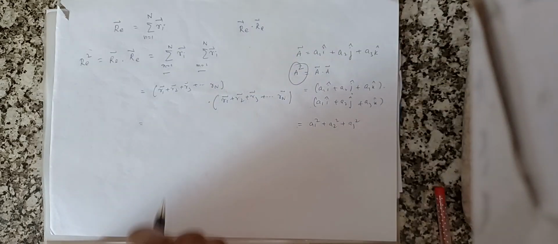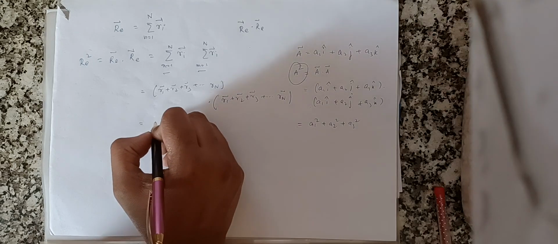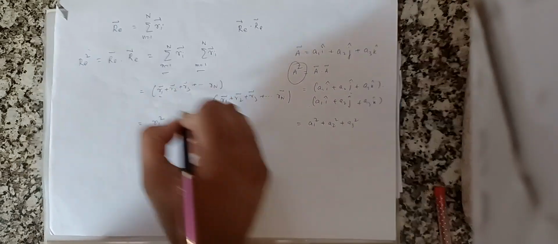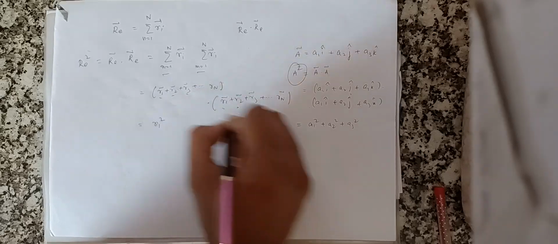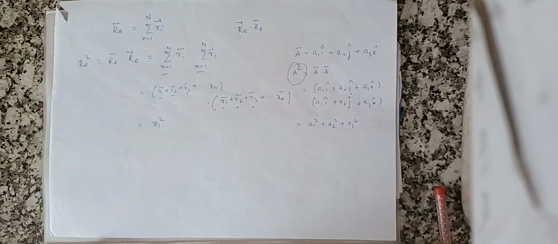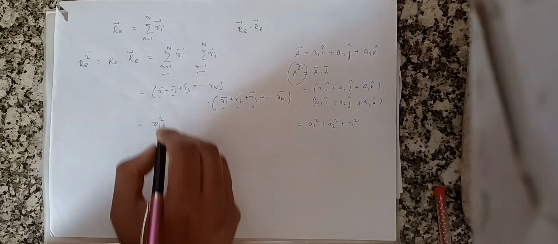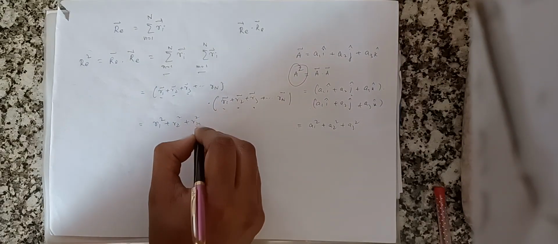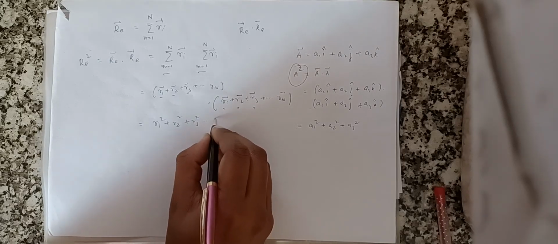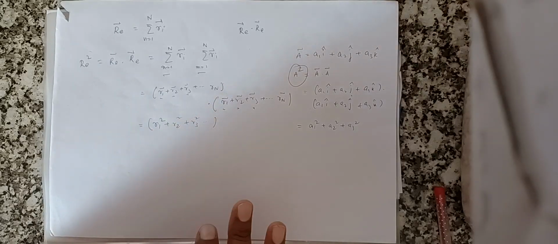The first set of terms are r1 square, r2 square, r3 square, and so on. So r1 square plus r2 square plus r3 square, and so on.